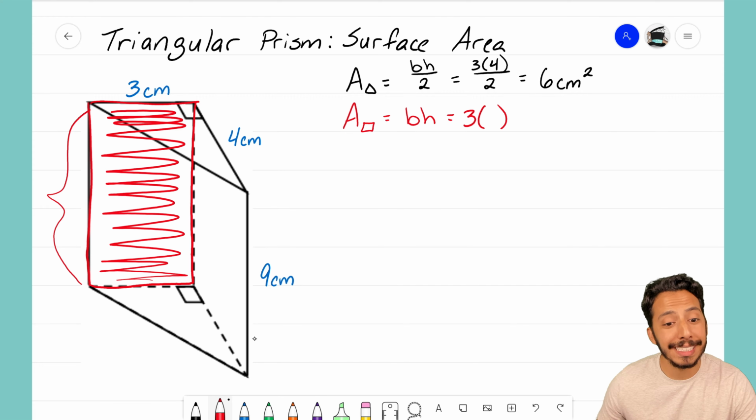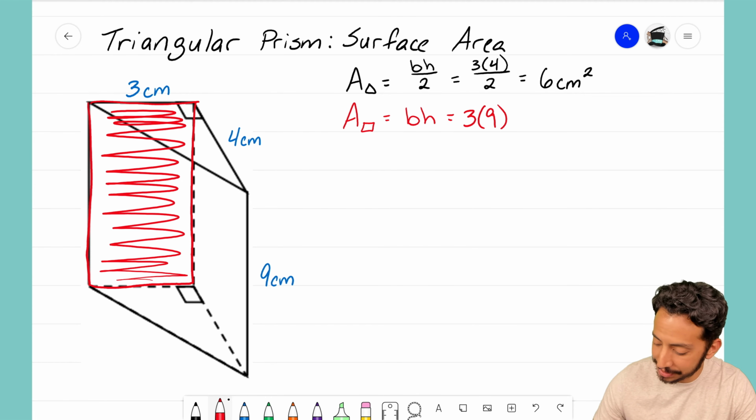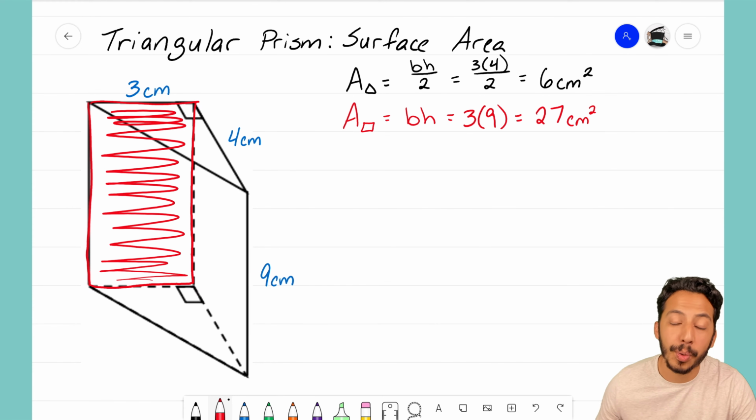Over here, I see that the height of the prism is 9 centimeters. That means that this height for this rectangle is also 9 centimeters. So when I'm finding the area for this, I will just take 3 centimeters and multiply it by 9. 3 times 9 gives us an area for that back rectangle of 27 square centimeters.